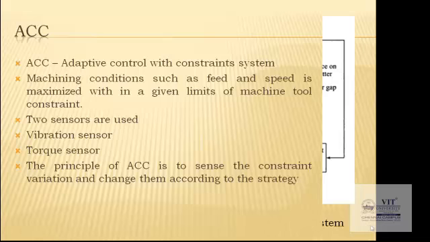Based on these two parameters, the value is observed. The measured value is compared to the constraint value, and the constraint value is set back to the program value. That is called adaptive control with constraint.